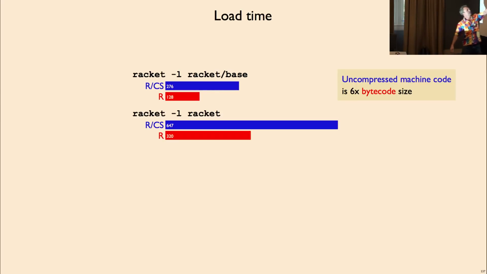This difference is enough to be annoying, right? You start up Racket and it takes 0.6 seconds instead of 0.3 seconds. And I think that is going to turn out to be the bottleneck to actually moving this into production. But I think that we will probably be able to do it anyway. And of course, maybe we can make some improvements here.